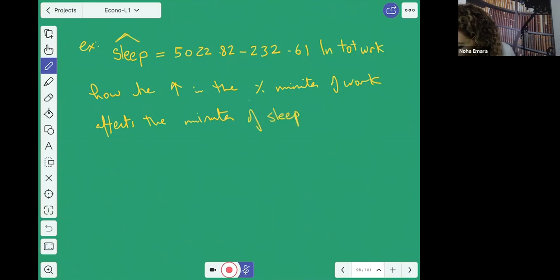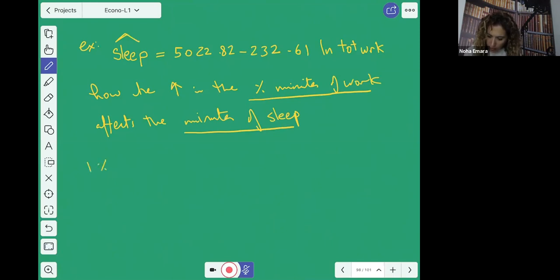So x is in percent, and y is linear, just in minutes. If I'm giving you a model like that and asking what is the effect of a 1% increase in total work, so this is the total work in minutes, how many minutes you work per day.